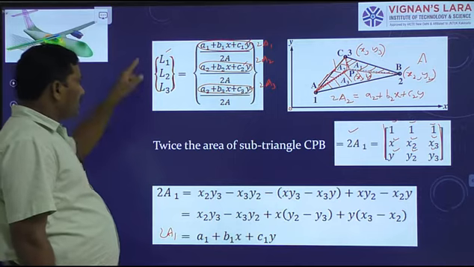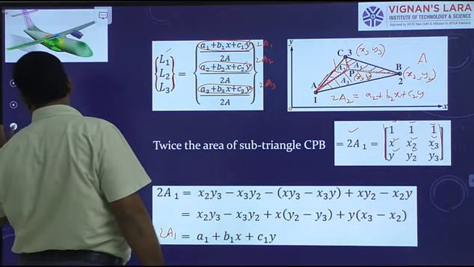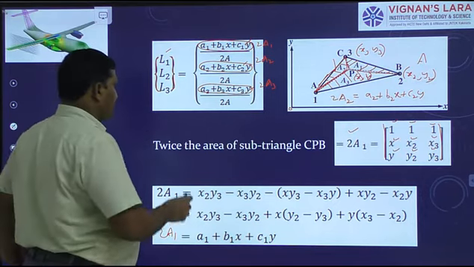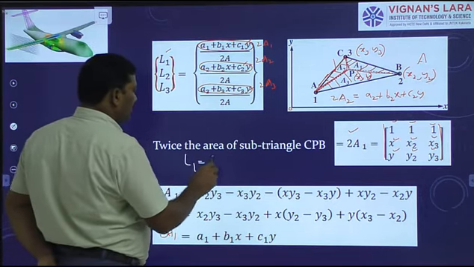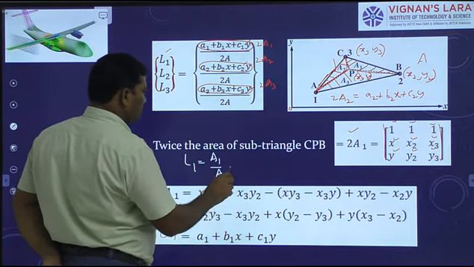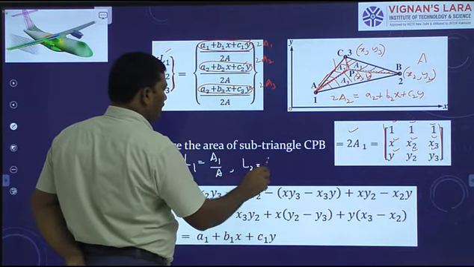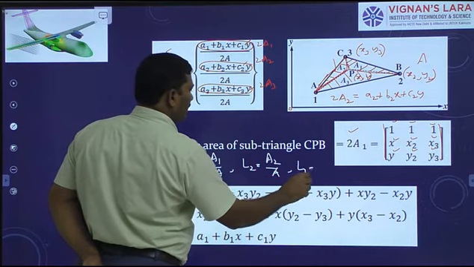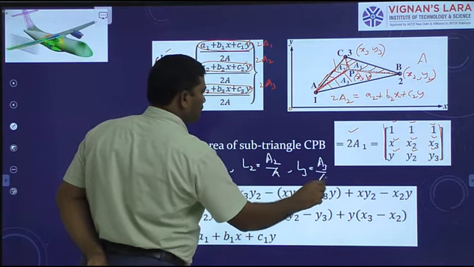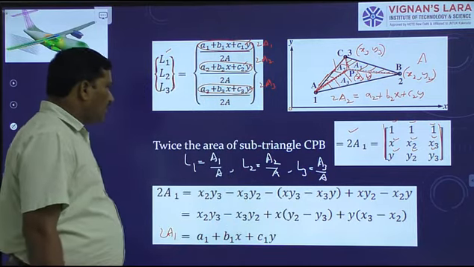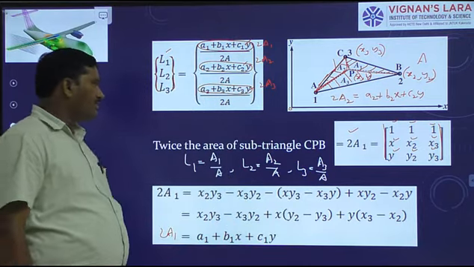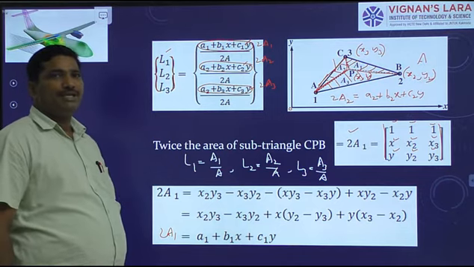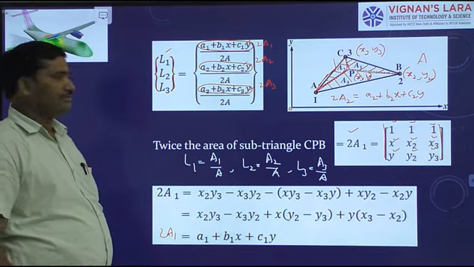Here, the natural coordinates L1, L2 and L3 simply represent area coordinates, because L1 we get A1 by A, L2 we get A2 by A, and L3 we get A3 by A. What we understand from this? We can understand that the natural coordinates represent the area coordinates.